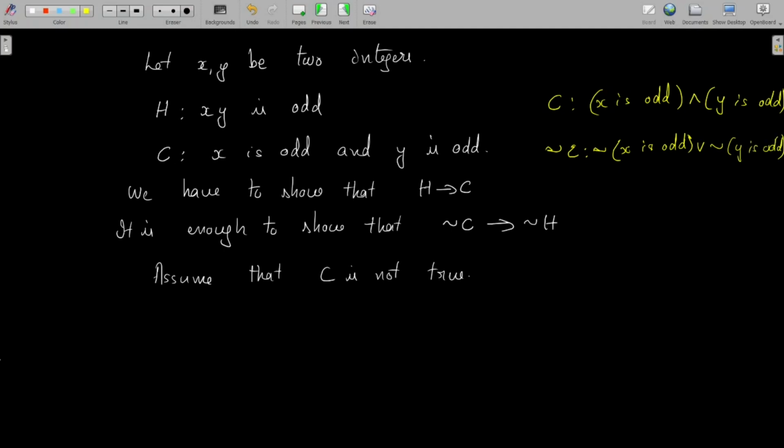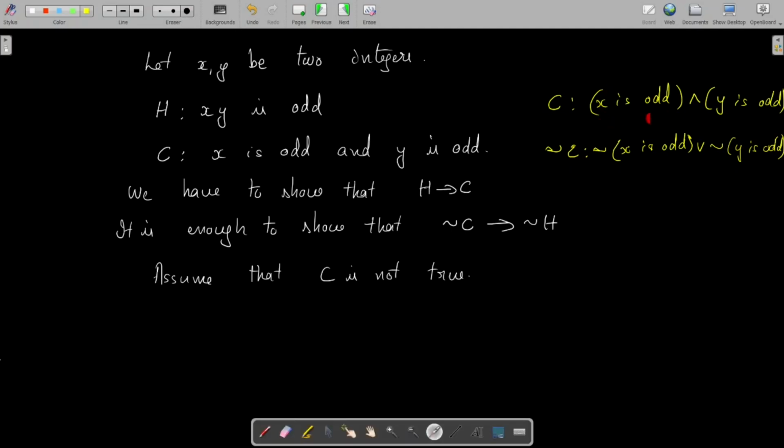Here we use De Morgan's law to take the negation of the conjunction of propositions. Here we have two propositions, x is odd and y is odd, and we have taken the conjunction of these two propositions. If you take the negation of that compound proposition, it becomes negation of the first proposition or negation of the second proposition.